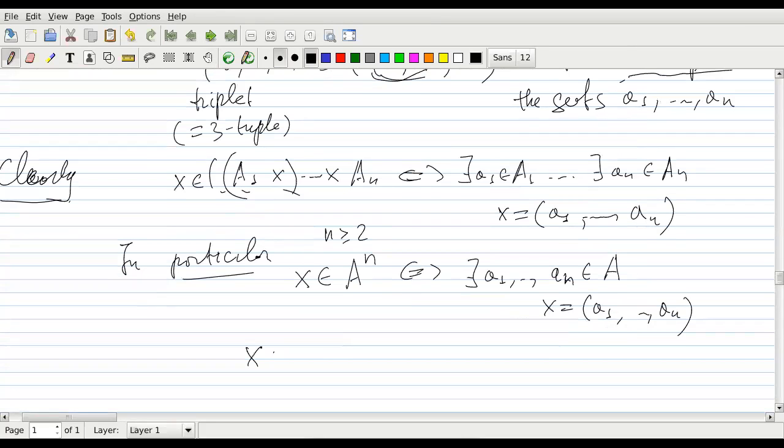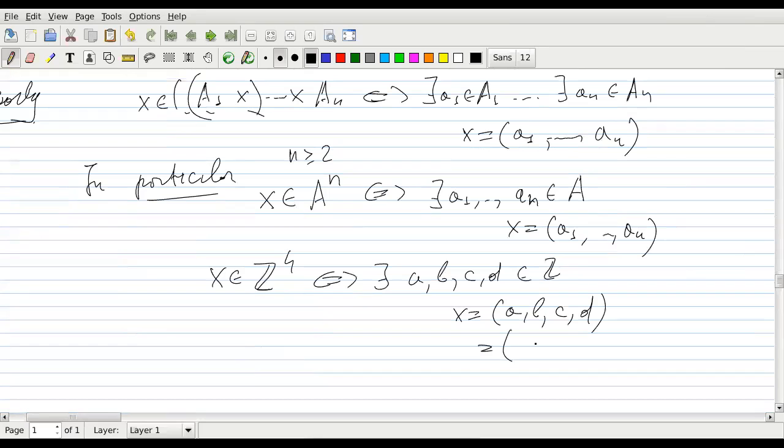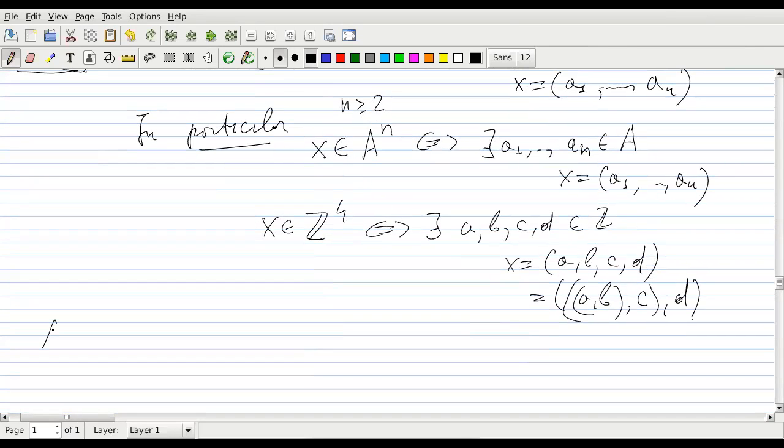For example, X is an element of Z to the power 4 when? If and only if you have 4 integers such that your X is such a tuple, such an ordered tuple. Is it clear? Yes.